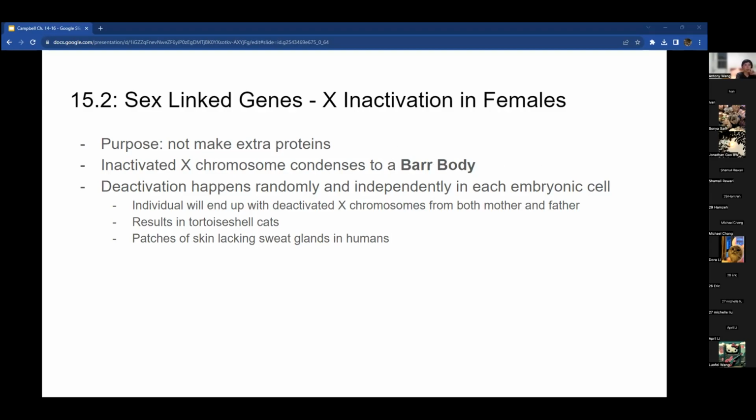How do they know which chromosome to condense? This is actually decided really early embryonically. When the fetus is still in its blastula gastrula stage, one X chromosome is inactivated at random.